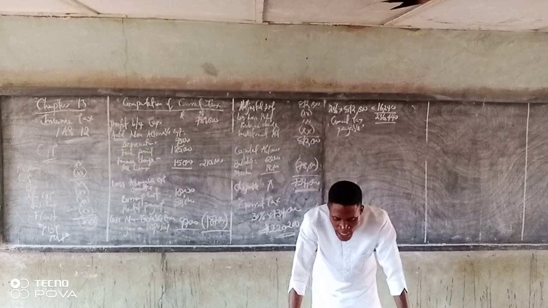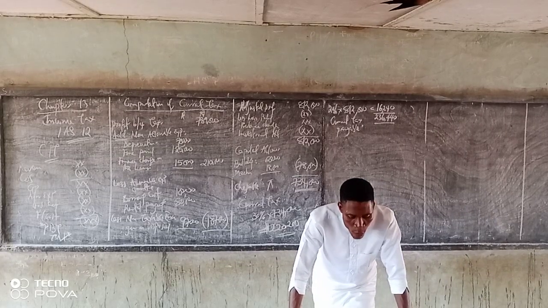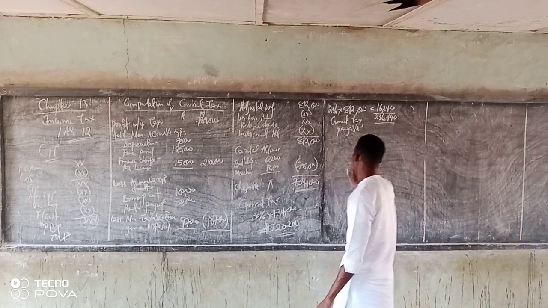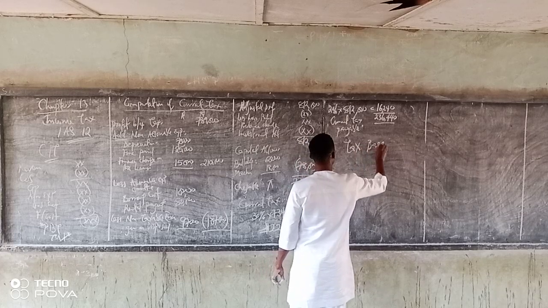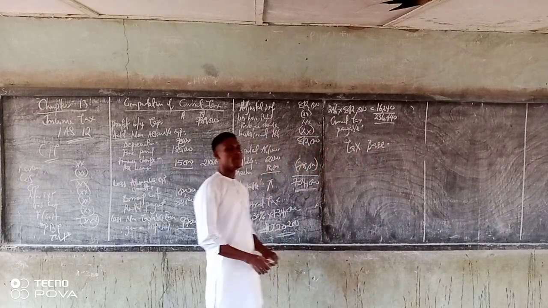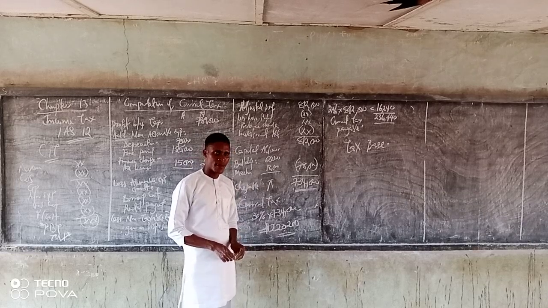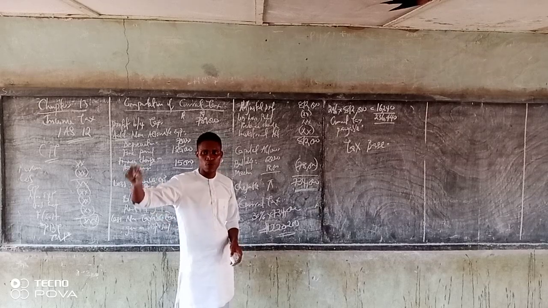IAS 12 uses this term tax base to refer to the asset or liability measured according to tax rules. Now, when you hear the word tax base, it is the measurement of your assets or liabilities in accordance with the tax rules.